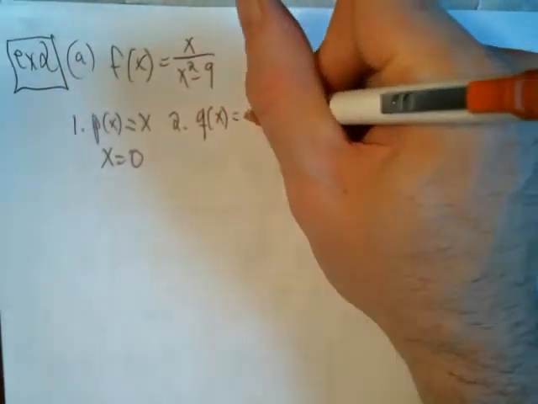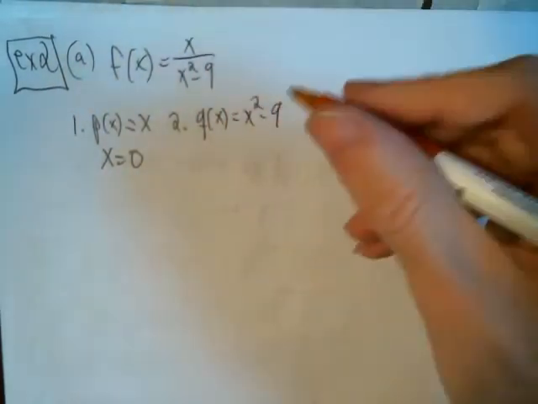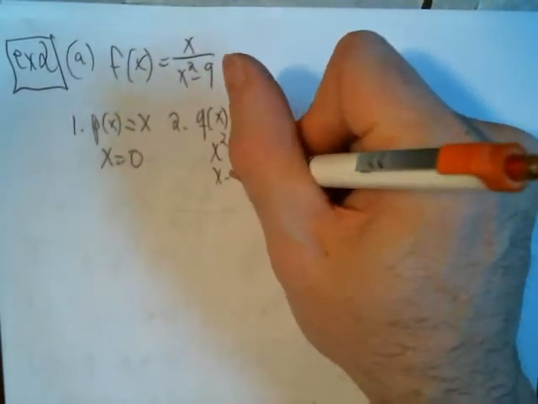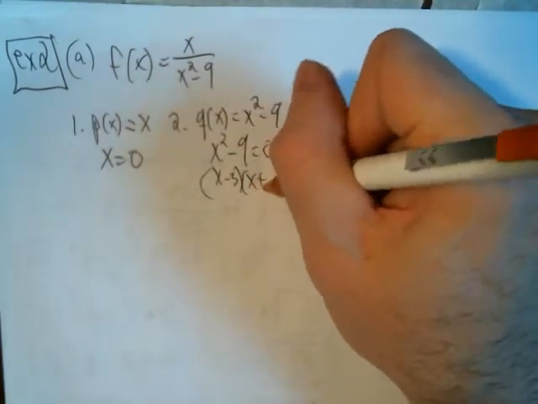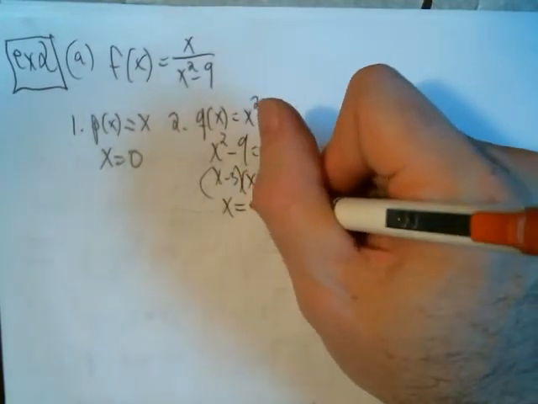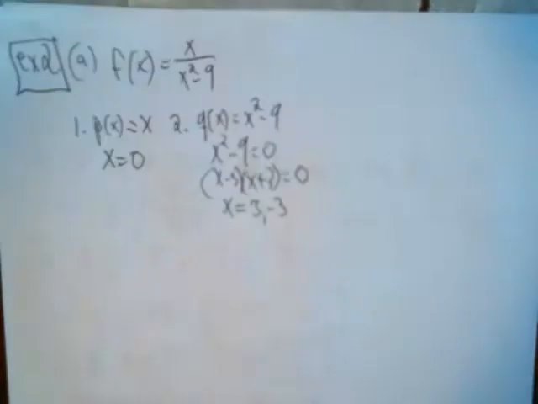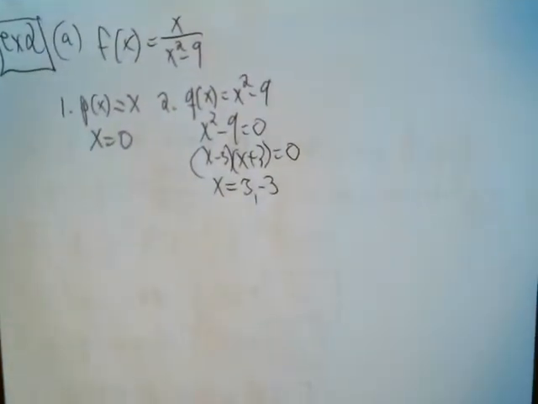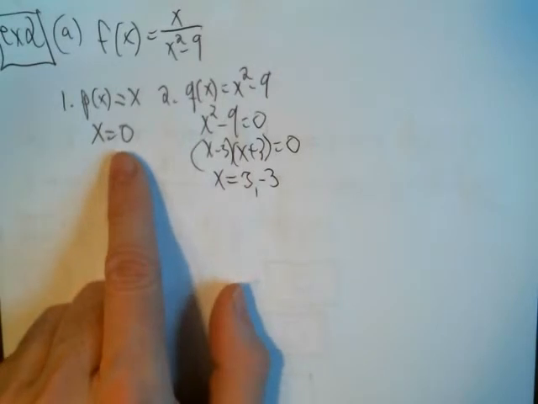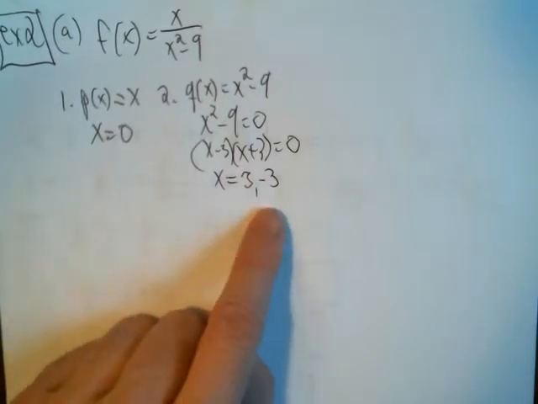So q of x is equal to the x squared minus 9 part. Set that equal to 0. And we have 3 and negative 3. Right? So at 3 and negative 3, the denominator is 0 and the numerator is not. So this is a good thing.